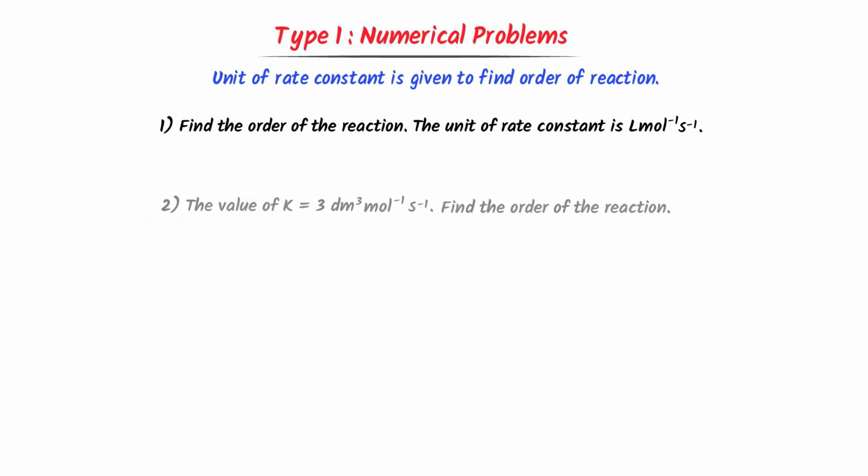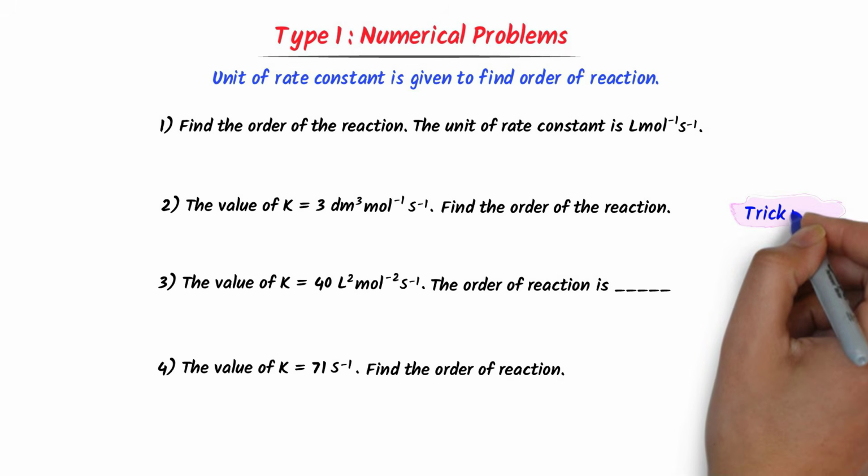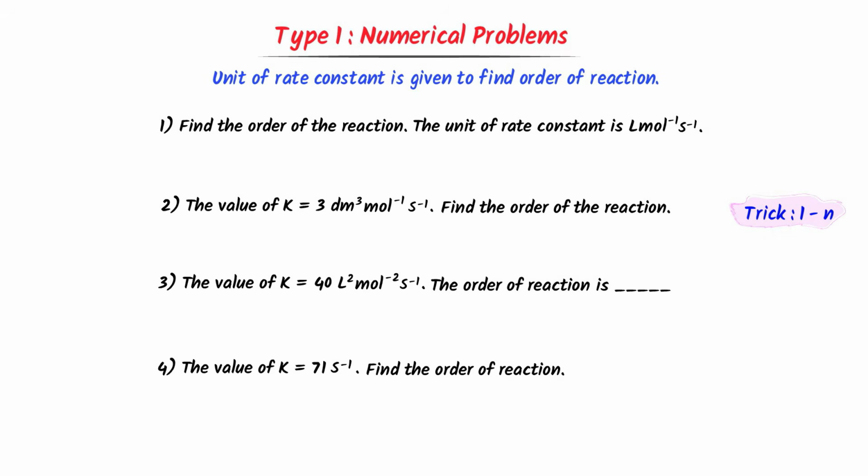For example, consider these numerical problems. Now I will teach you my personal trick, which is 1 minus n, to solve all these numerical problems in seconds. In the first numerical problem, the unit of rate constant is liter per mole per second. Now listen carefully. I take only mole and its power. Here, the power of mole is -1.